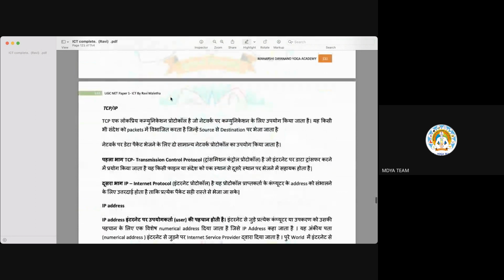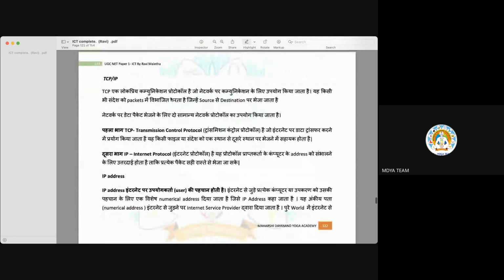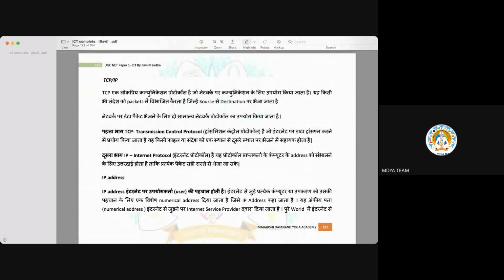Now we look at what TCP/IP means and what it actually does. TCP/IP uses rules and regulations for the transmission of your message or data. Every computer connected to the internet is identified by a unique address which we call the IP address. IP means Internet Protocol address.